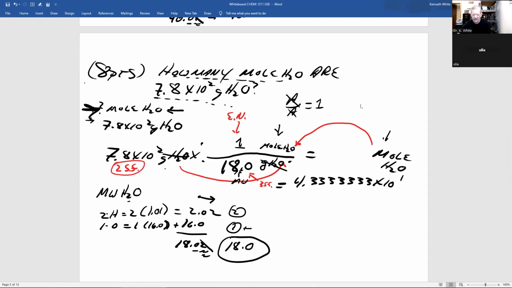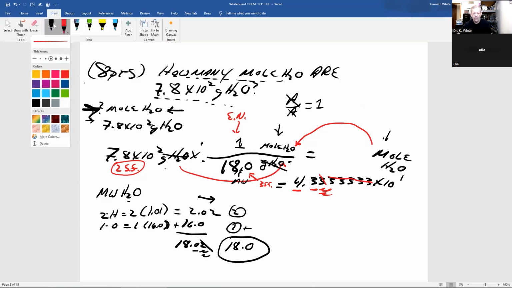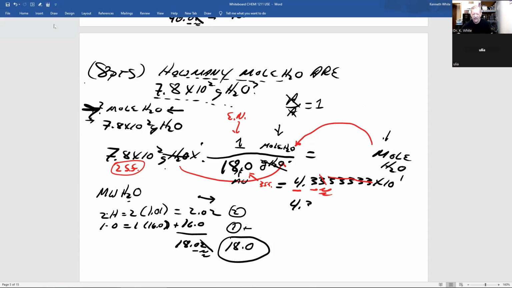So how do we convert this into significant figures? Keep the 4, keep the 3, use the next number, which is a 3, to round off. Is that 4 or less? Yes. So that means I drop this and all these. And the correct answer for this problem would be 4.3 times 10 to the first moles of water.